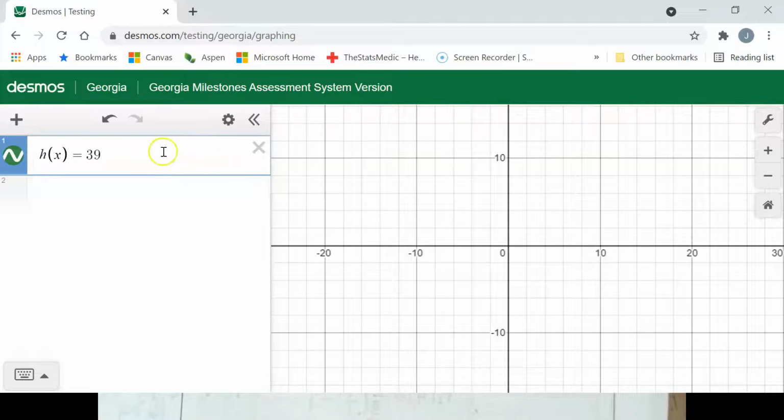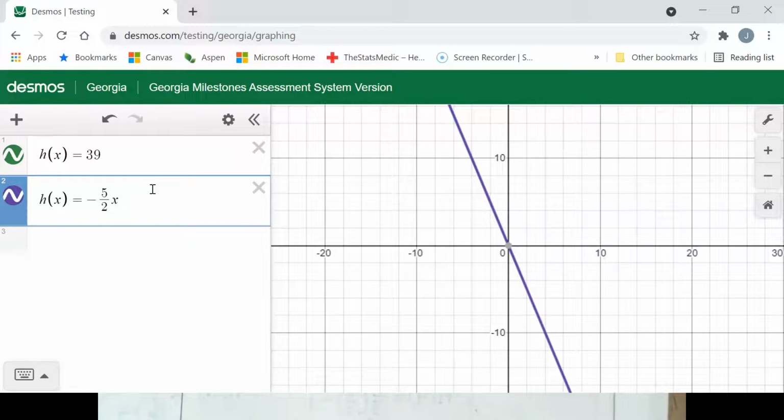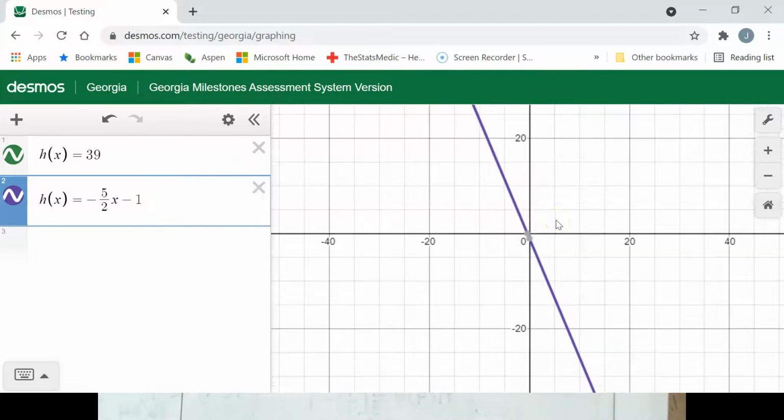Okay. Then we're going to put the h function in. h of x also equals negative 5 half. Remember, 5 divided by 2. Come out from the denominator before you put your x in, otherwise you get the weird graphs. Minus 1. And I'm not seeing where they're crossing, so I have to scroll out.